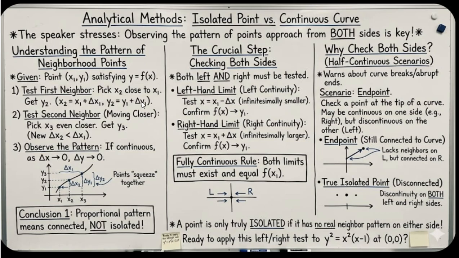Then we can say that there are surrounding points around that point. What I want to say is that if you bring closer points to x1, as x approaches x1, the y coordinate of those points should also approach y1.